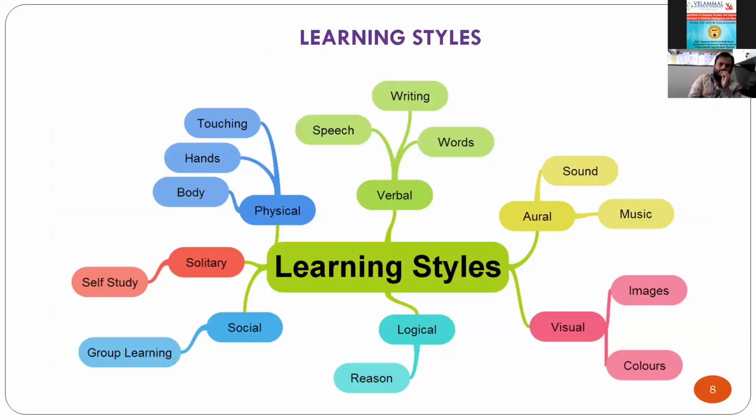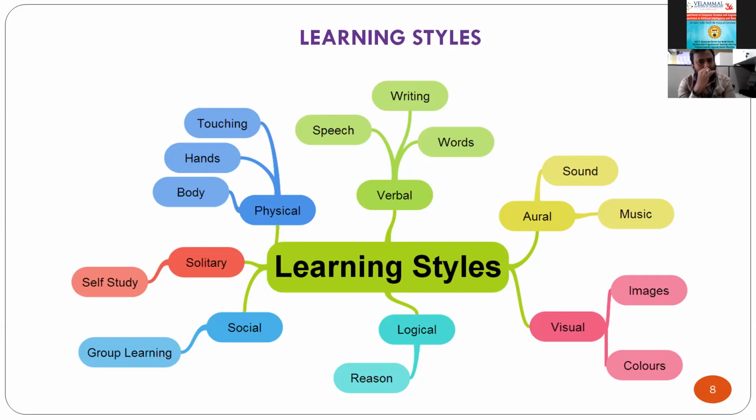Next one, learning styles. These are the different types of learning styles: physical, verbal, oral, visual, logical, social, and solitary. Physical means our body behavior, minute body behavior, kinesthetic like that. Verbal means words, notes, writing.